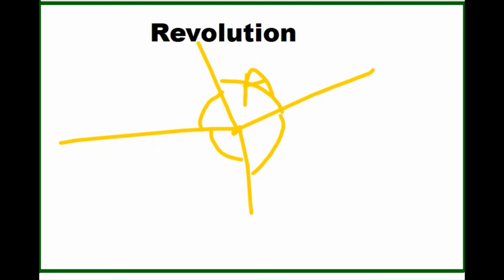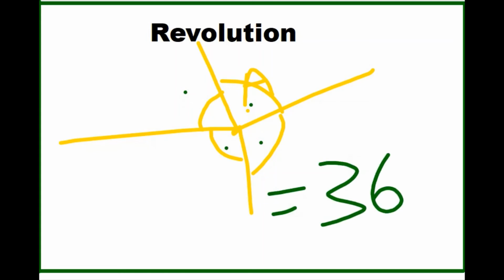So a whole revolution, meaning a circle. If you add all those angles together, it should give you 360, because that is the sum of angles around a point.